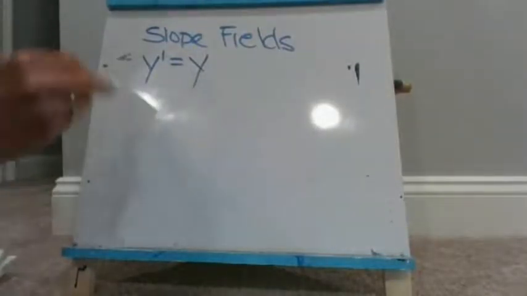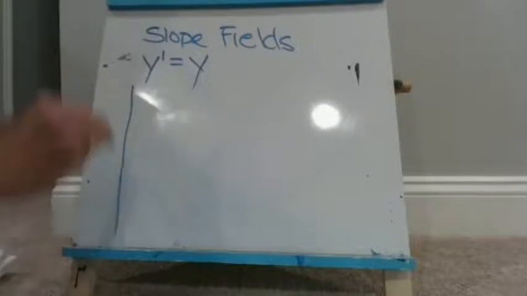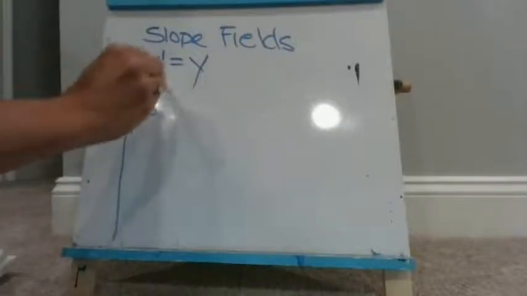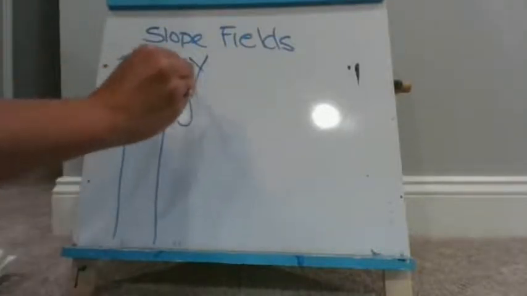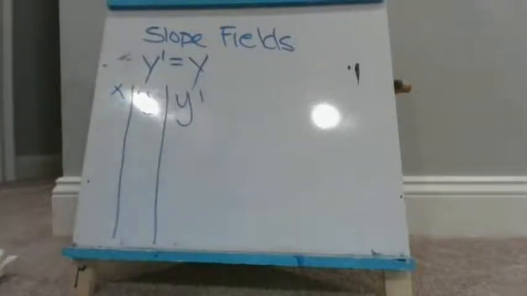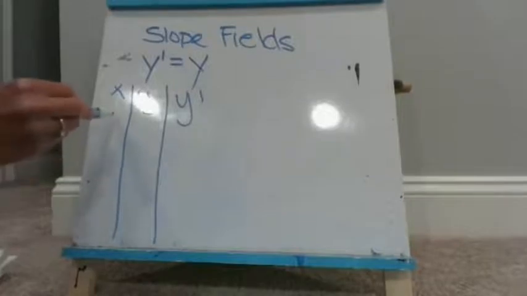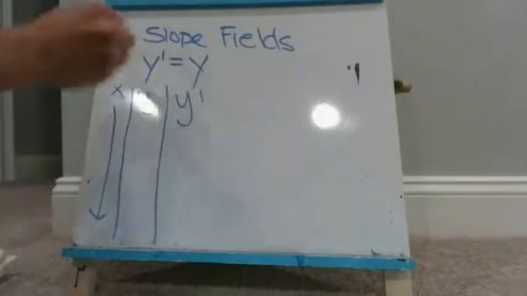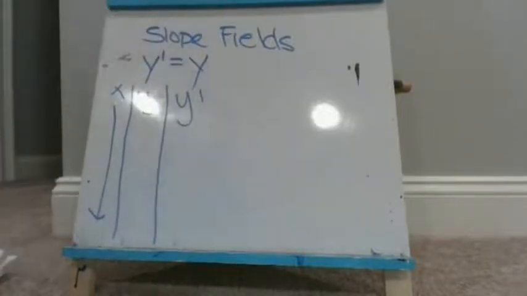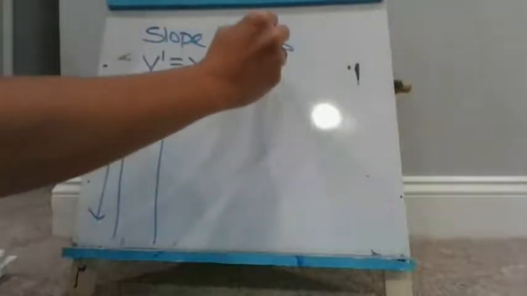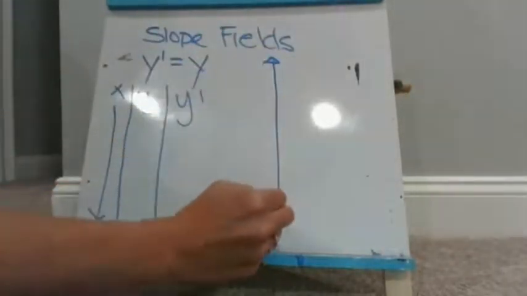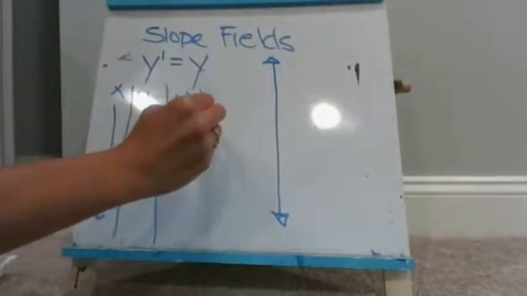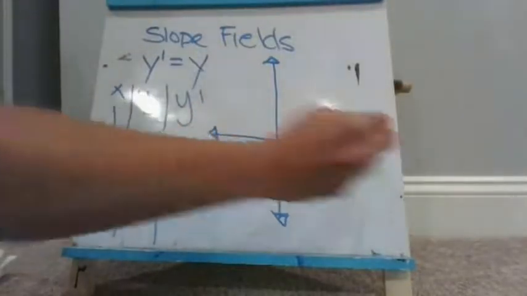All right, so I'm still going to make a table of values. For this equation, it doesn't matter what x is, because there's no x in this equation. It only matters what y is right now. So let's make ourselves a little Cartesian plane over here to start looking at what this looks like.